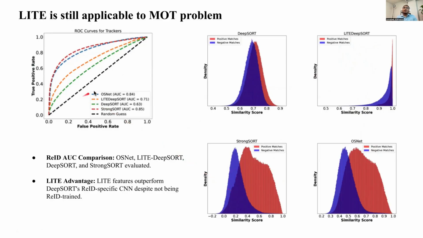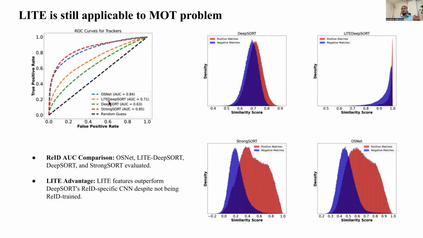And if you see here, the interesting thing is that in terms of AUC, AUC is a good metric to compare the strengths of the distinctive power of these representations. LITE has 71, which is better than DeepSORT, right? And StrongSORT and OSNet have a much higher distinctive power. This is important because DeepSORT's CNN model is trained specifically to distinguish identities.